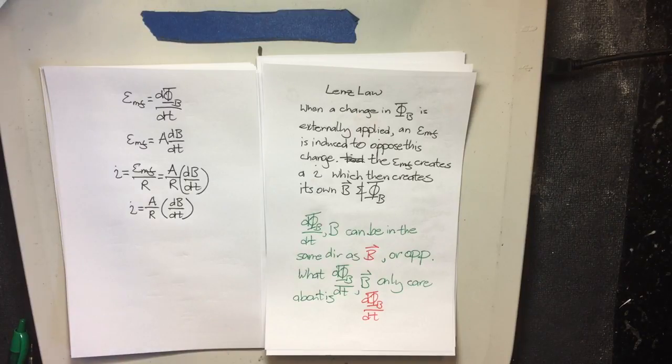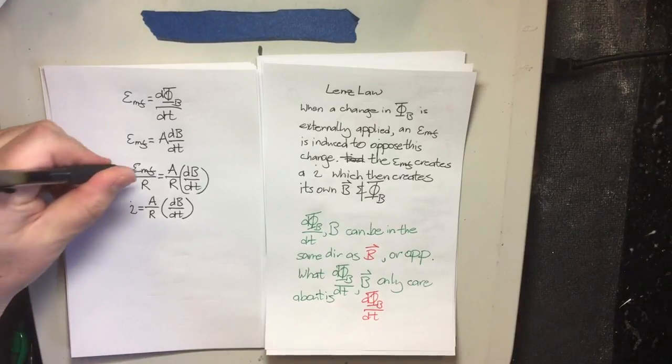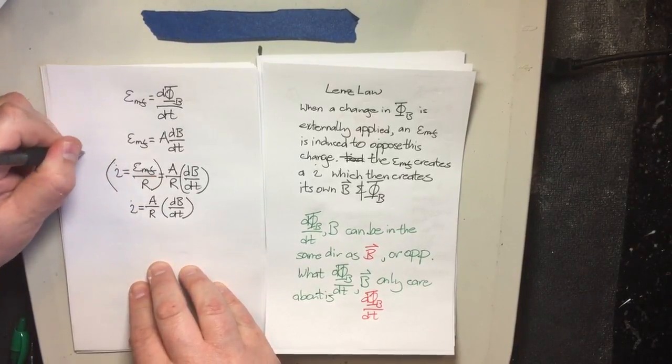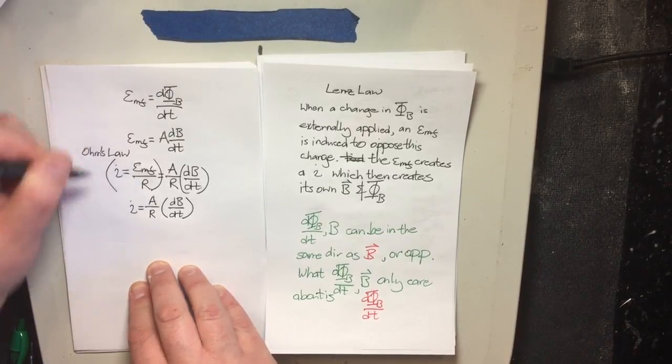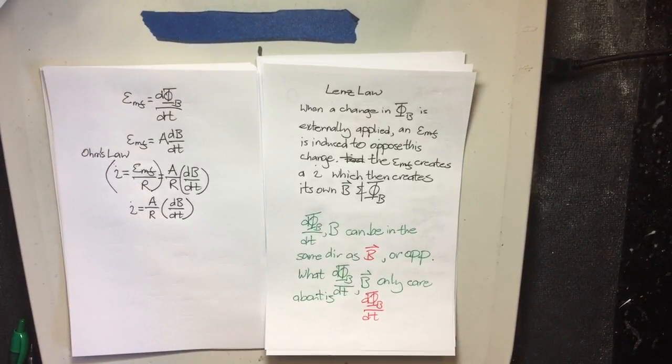Why is it electromotive force over resistance? Why is electromotive force over resistance current? Ohm's law. So really, what I did is I took, compared to the moving bar, the loop in the external changing magnetic field.